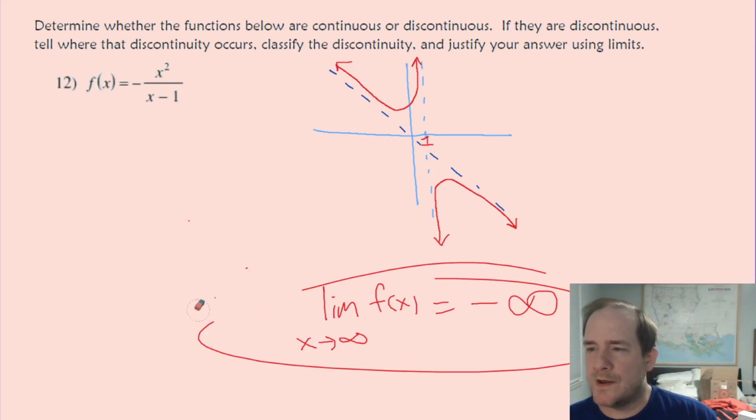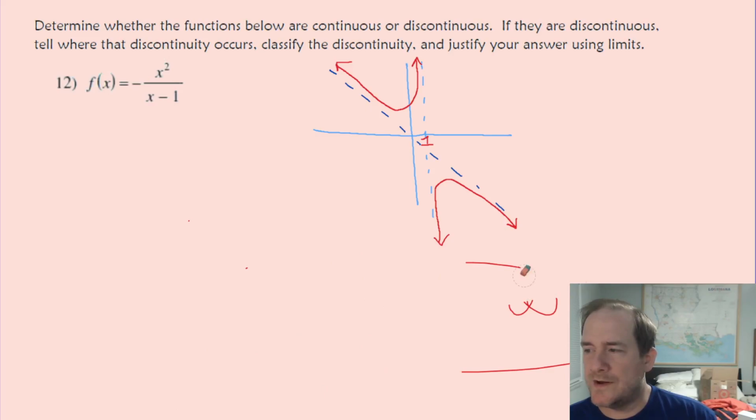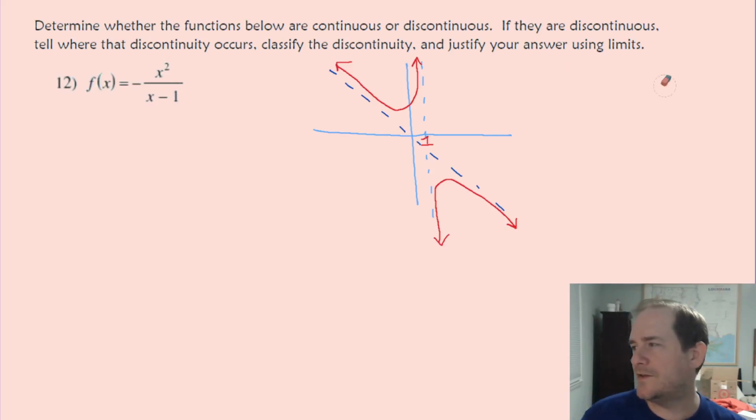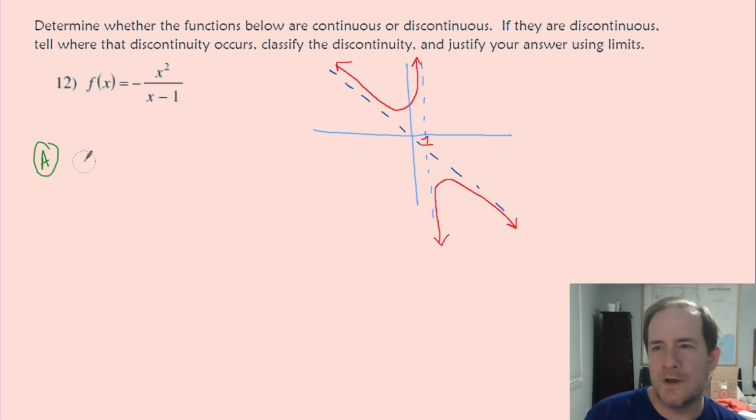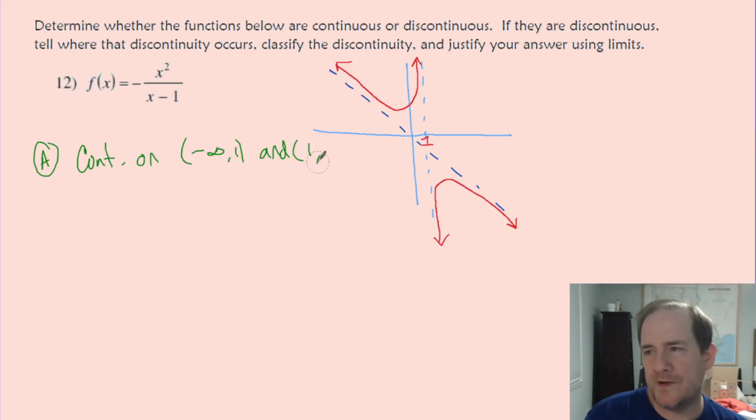And again, we can say that we're continuous on the interval that goes from negative infinity all the way to infinity, with the exception of the vertical asymptote. So again, it's the same old thing. Continuous on negative infinity to 1 and 1 to infinity.